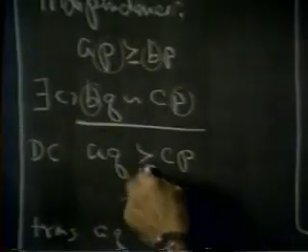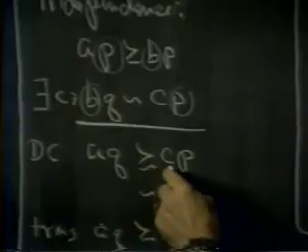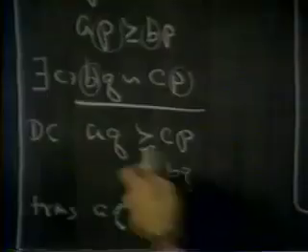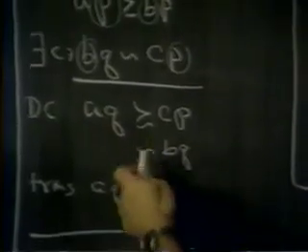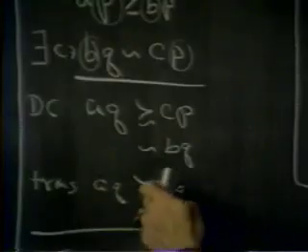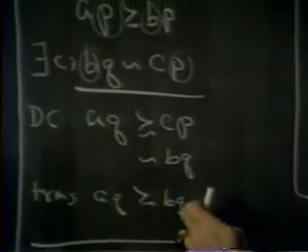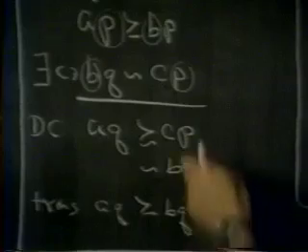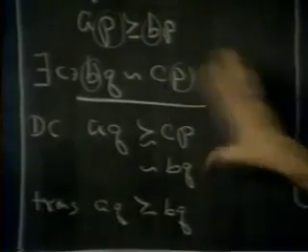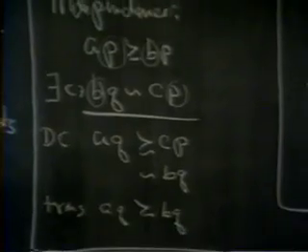This gives me AQ greater than or equivalent to CP, but CP was indifferent to BQ, and then using the transitivity of the ordering relation, we conclude AQ is greater than or equal to BQ, which is the property of independence for the first component. A completely analogous proof gives it on the second component.